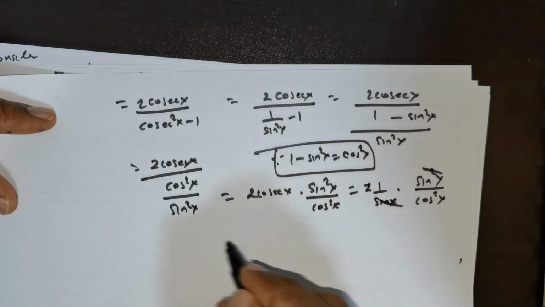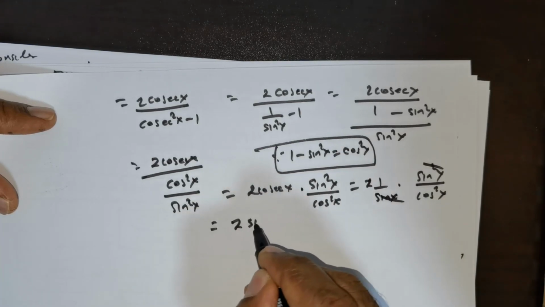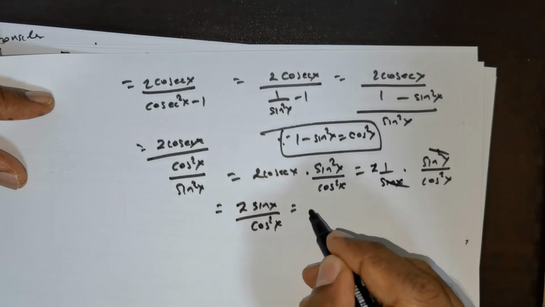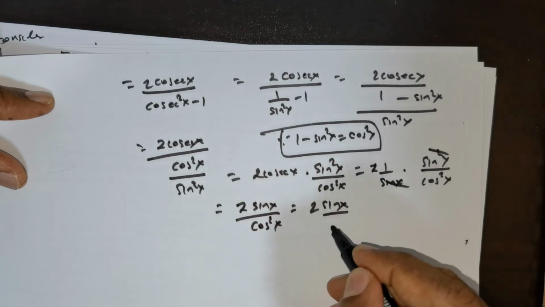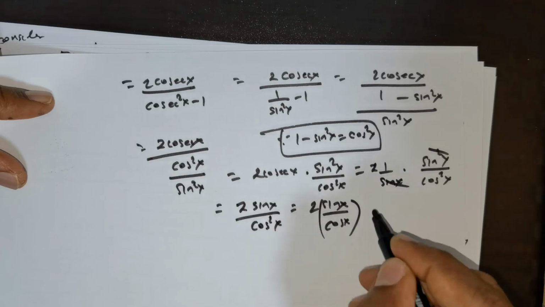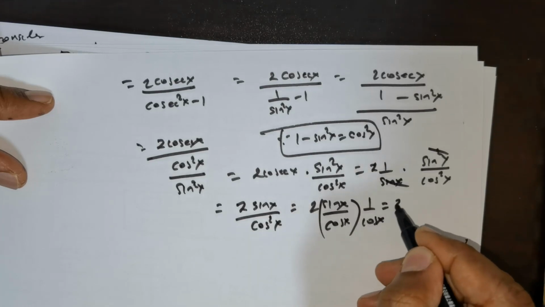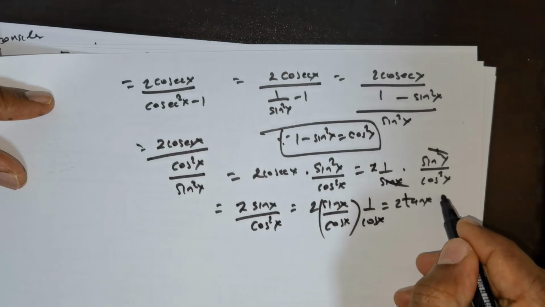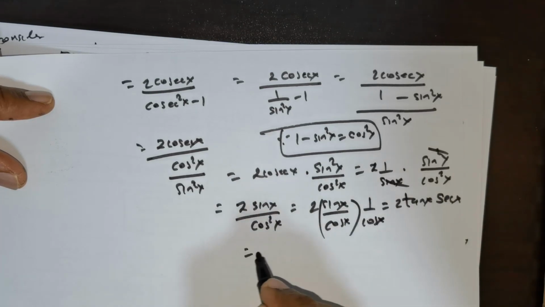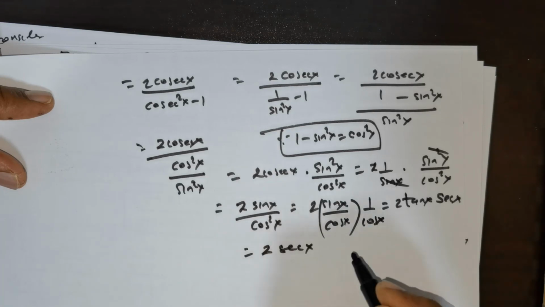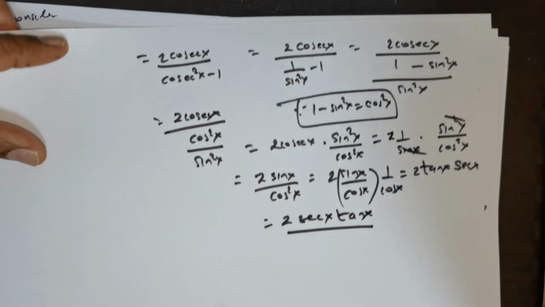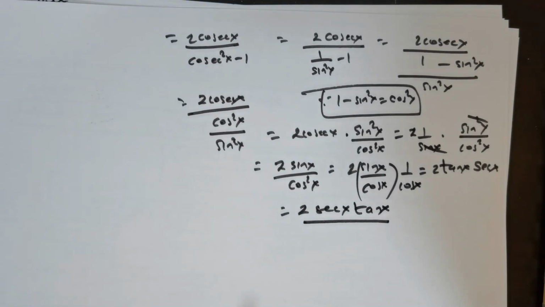So a sin and a sin gets cancelled, giving you 2 times sin x divided by cos squared x. I will write cos squared x as cos x times 1 over cos x. Sin x over cos x is tan x. 1 over cos x is secant x. This is equal to 2 times secant x times tan x.